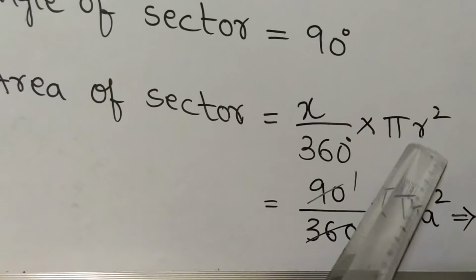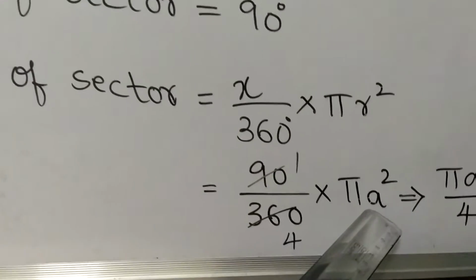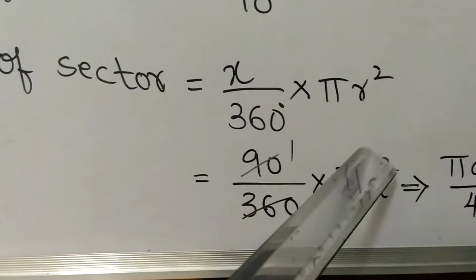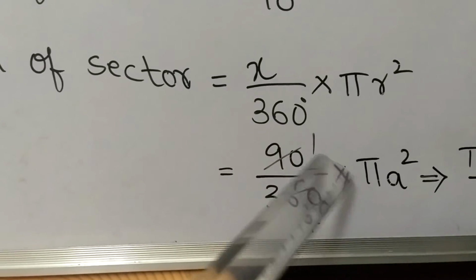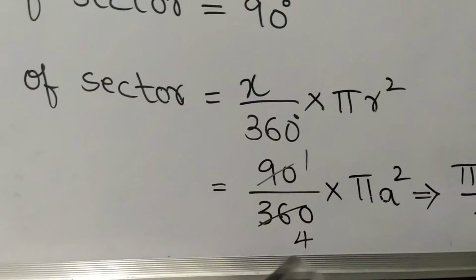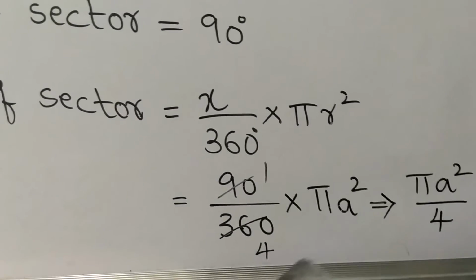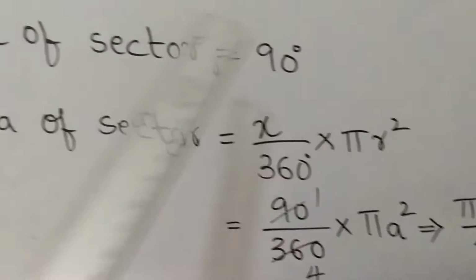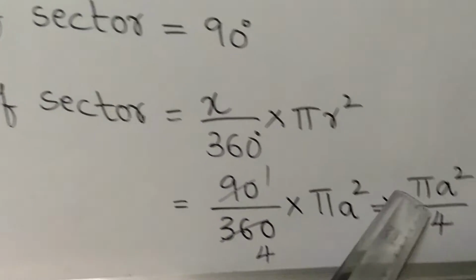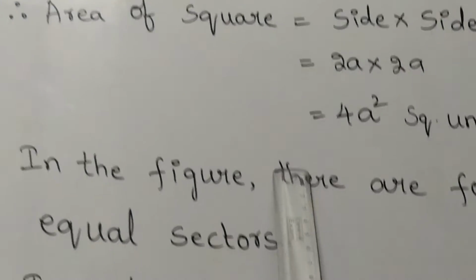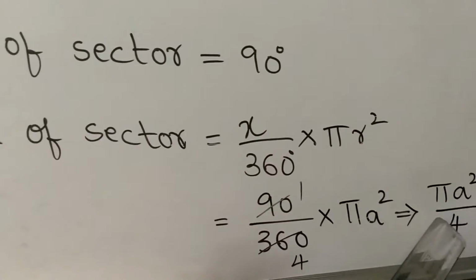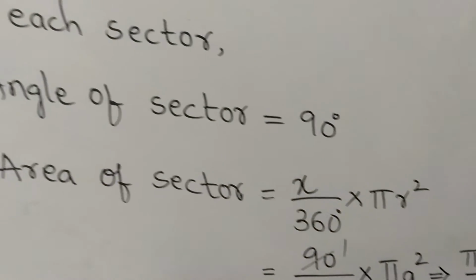Here in the question it is already given as small a, so take small a, pi a squared. 90 by 360 into pi a squared, 90 ones are 90 and 90 fours are 360. So this will be pi a squared by 4. Nothing but the area of the sector is pi a squared by 4. We have got now the area of the square as well as the area of the sector. Let us do the subtraction.